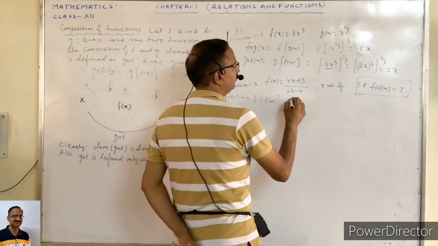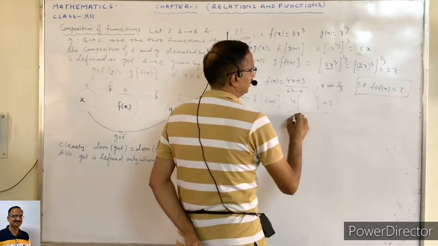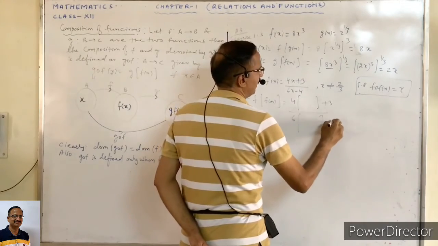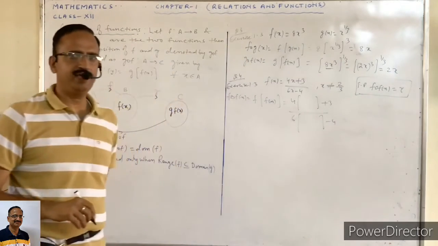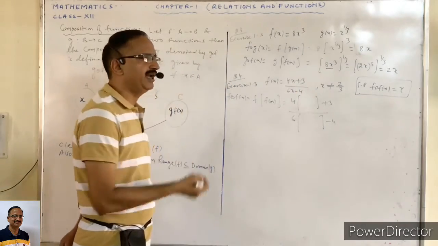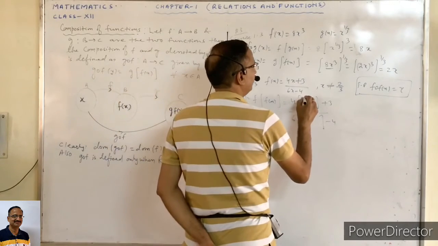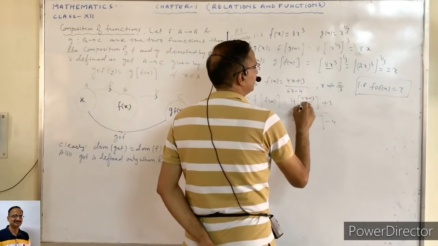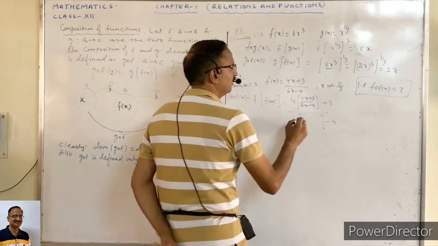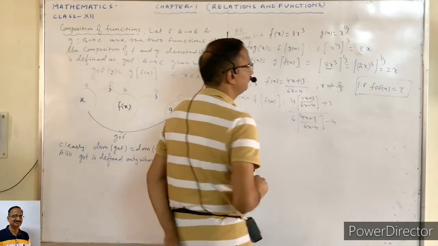So we will write 4 times, plus 3, upon 6 times, minus 4. In place of x, in the numerator and denominator, we will put again the value of f x, that is (4x plus 3) upon (6x minus 4).